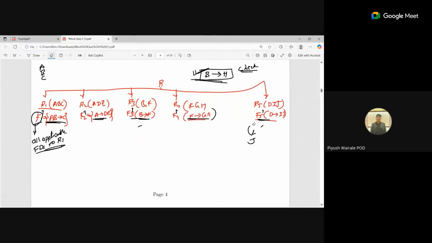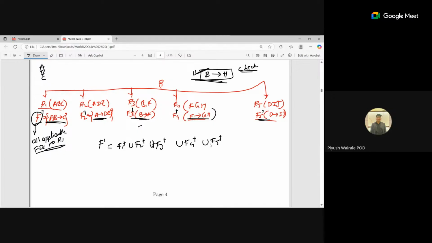Once we find F1, F2, F3, F4, F5, what we need to do is find F dash such that F1 plus union F2 plus union F3 plus union F4 plus union F5 plus, and then check whether we are getting this particular functional dependency after taking the union. So are we getting B determines H if I take the union of all of these?